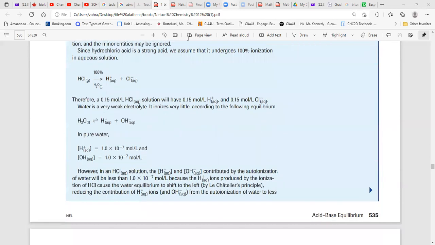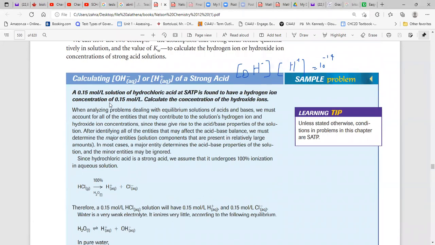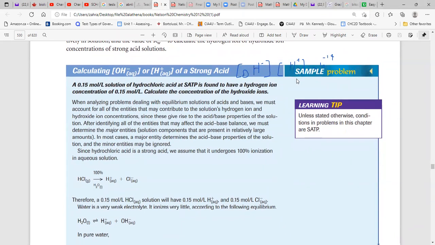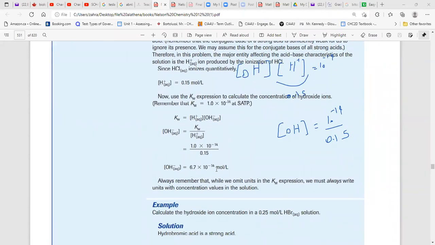Since I know the concentration of OH multiplied by the concentration of H is 10 to the power of negative 14, and I have the concentration of H plus as 0.15 mole per liter, the concentration of OH will be 10 power negative 14 divided by 0.15, which is 6.7 times 10 power negative 14.